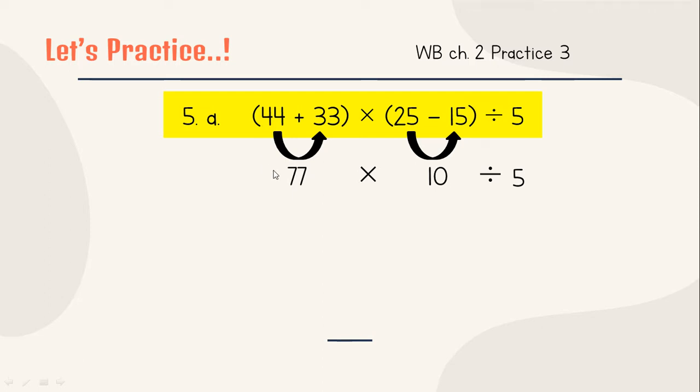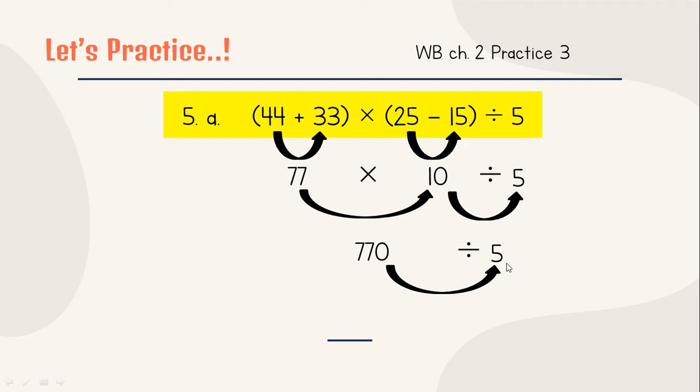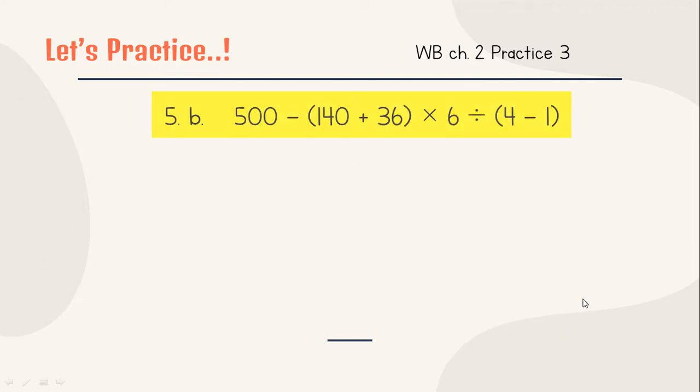Now, the next step, multiply or divide. From left to right. 77 times 10 equals 770, and then divided by 5 equals 154. So the answer for this is 154.